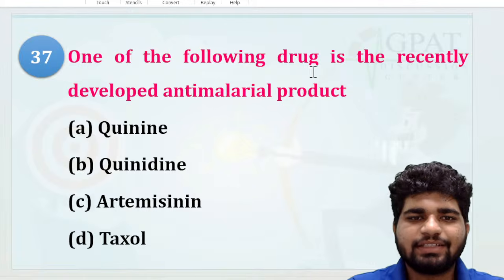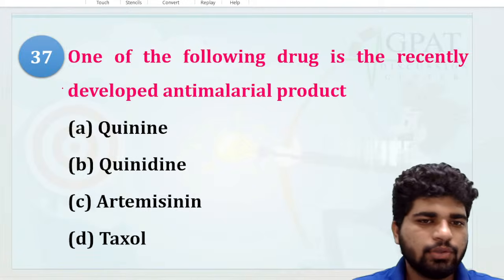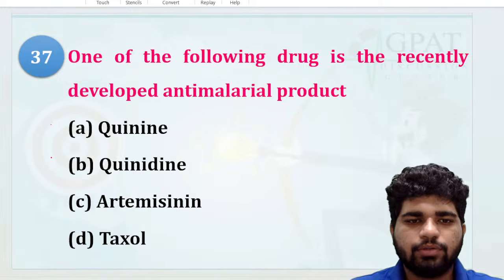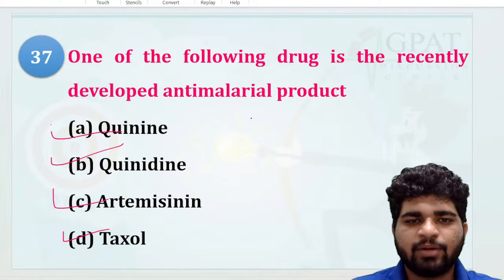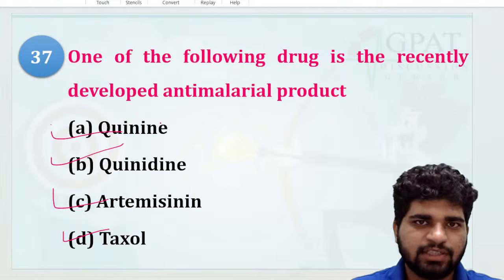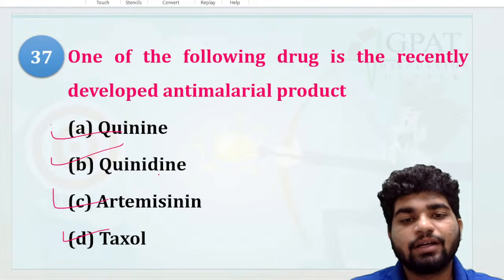Which one of the following drugs is the recently developed anti-malarial product: quinine, quinidine, artemisinin, or Taxol? Quinine, obviously, has previously been used plenty of times. Quinidine is your anti-arrhythmic drug.